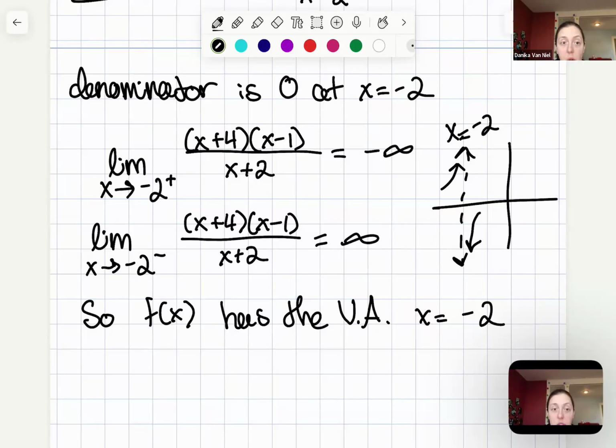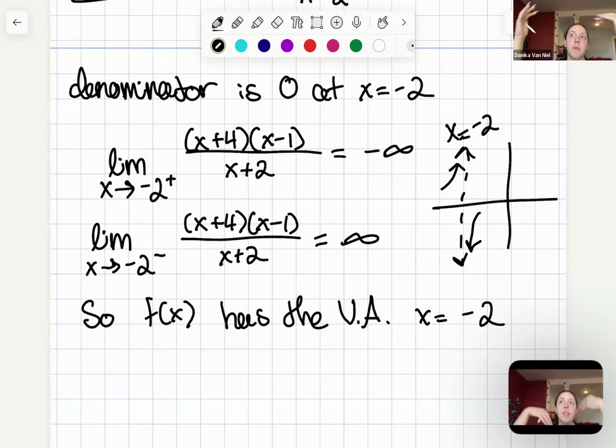So for this example, the limit didn't exist. So you're right that this kind of looks strange because the limit didn't exist, but I still have this vertical asymptote. My limit on either side, they disagreed, but they disagreed in a way where one was going towards positive infinity and the other was going towards negative infinity.